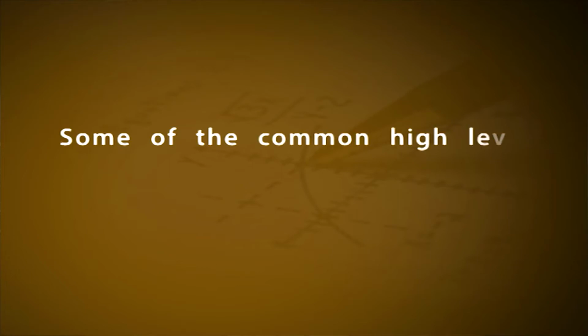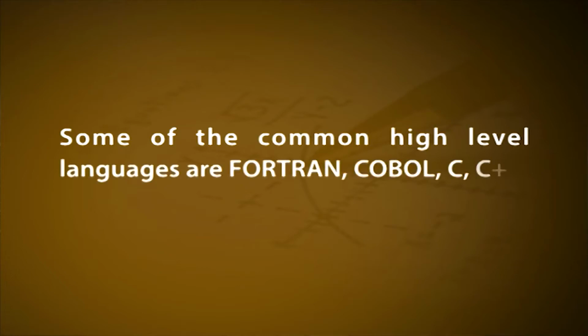Some of the common high-level languages are Fortran, COBOL, C, C++, Java, etc. But the programs written in high-level languages must be translated into an equivalent machine language program. This is done using translation programs like compilers and interpreters.